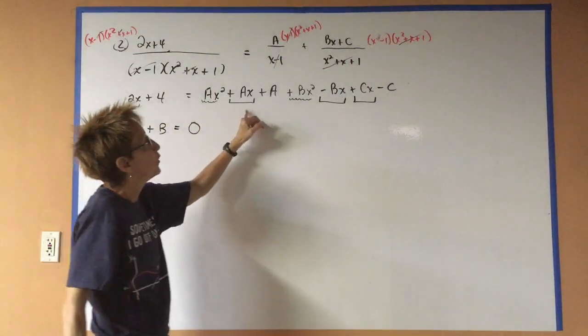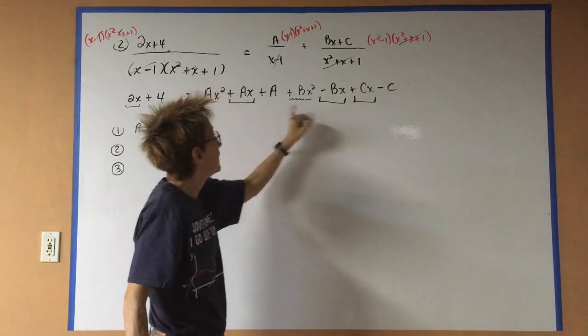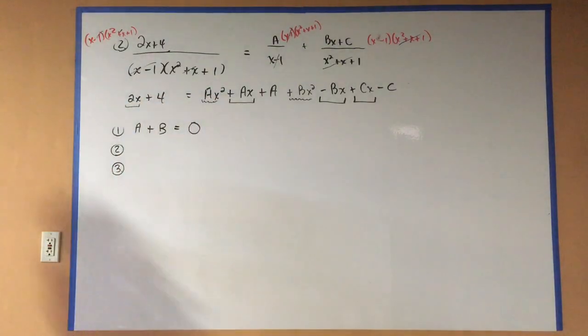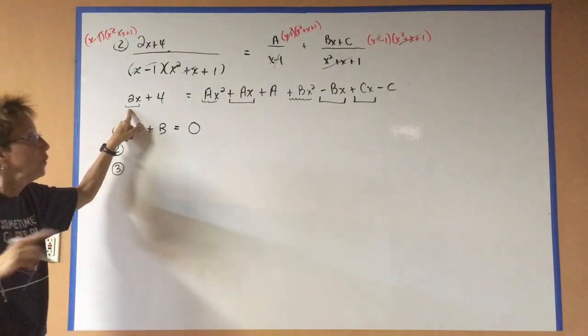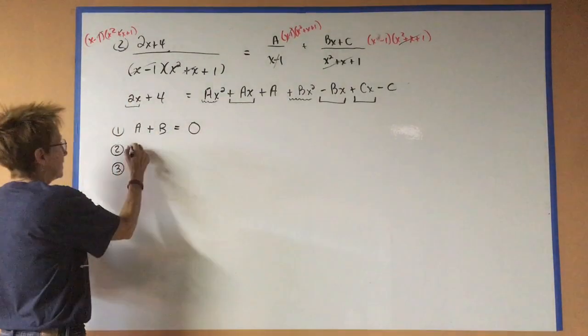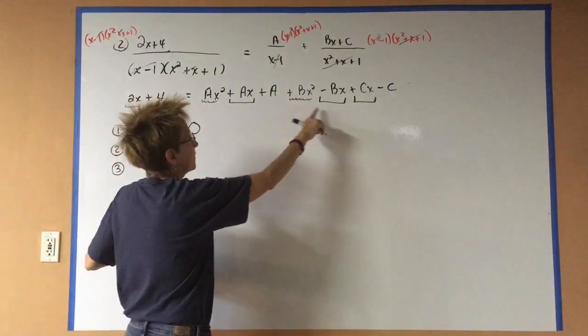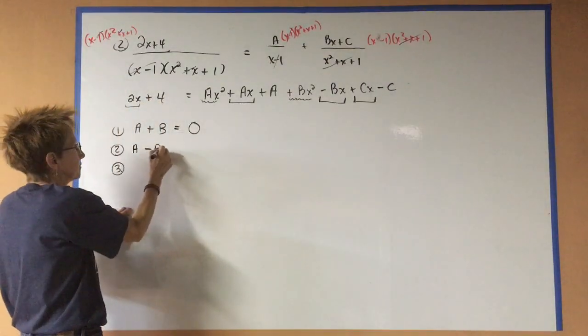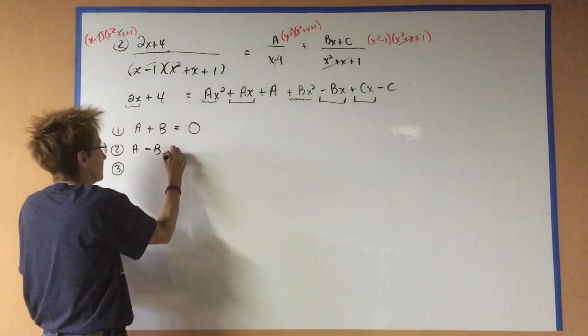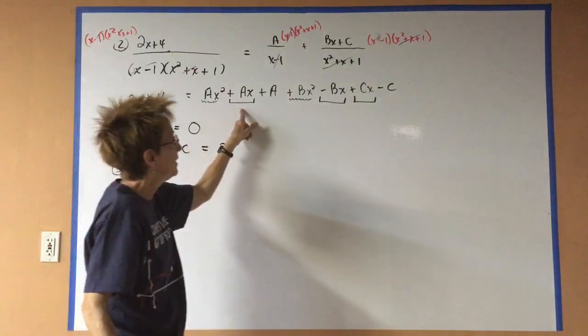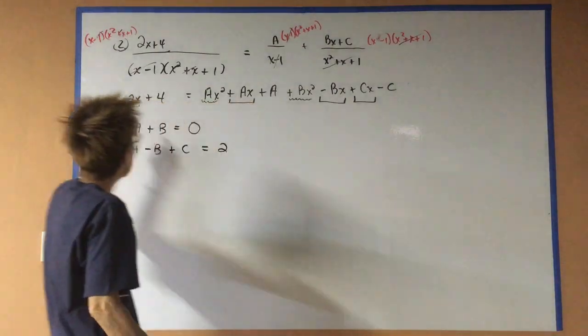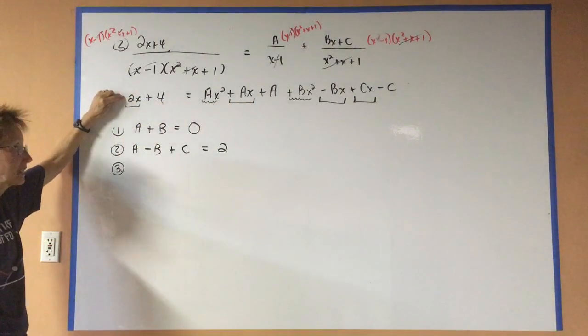So that means if I could add these 3 x's, I would get 2 of those x's, which means that positive A minus B plus C has to equal 2.